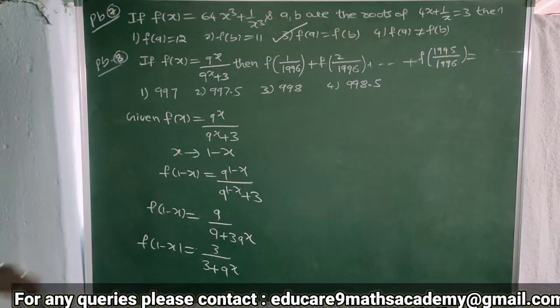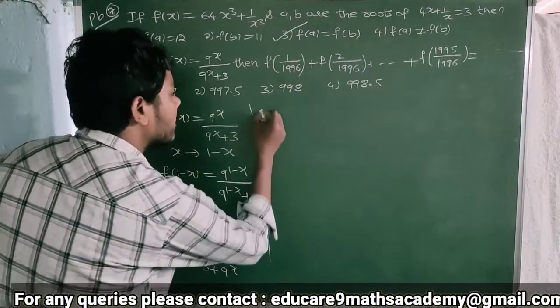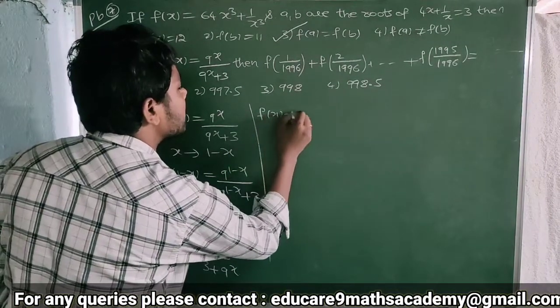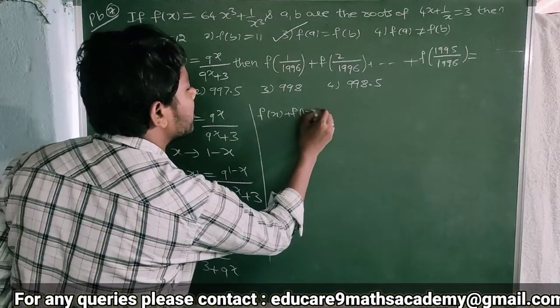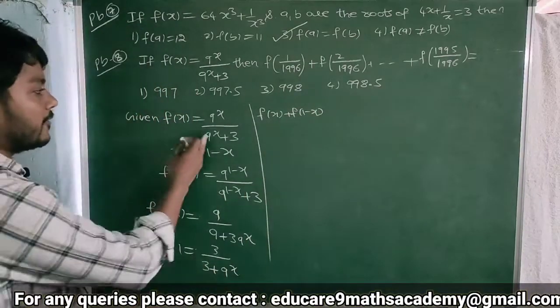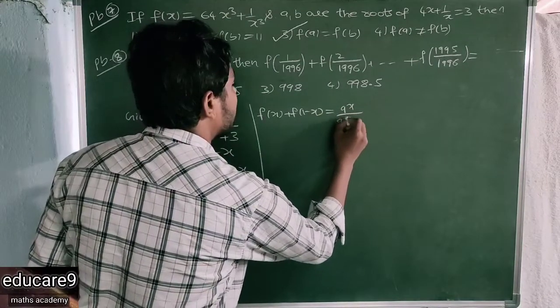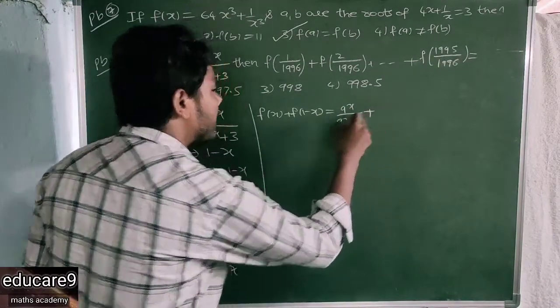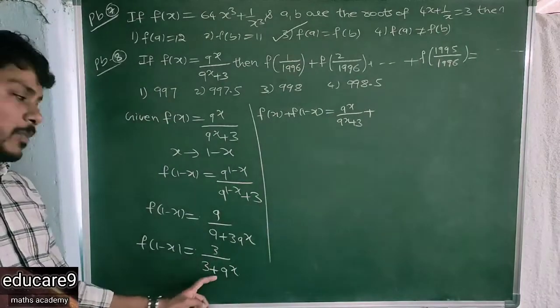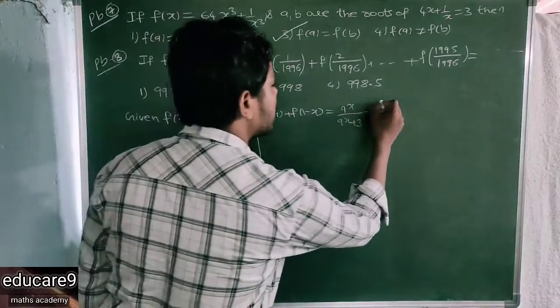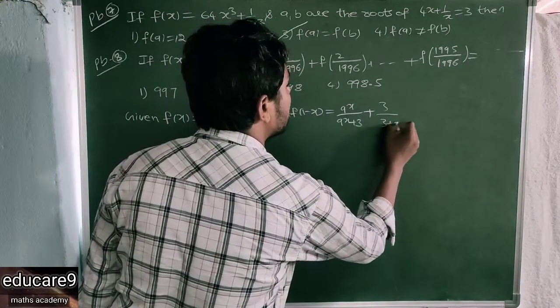Okay. Now we add these two, that is f of x plus f of 1 minus x. So what is the f of x value? 9 power x by 9 power x plus 3, plus 3 by 3 plus 9 power x.